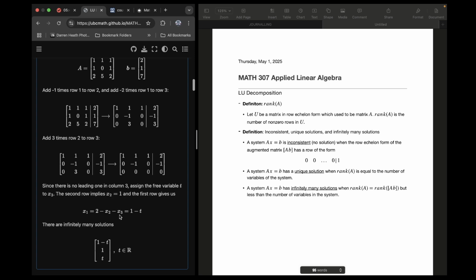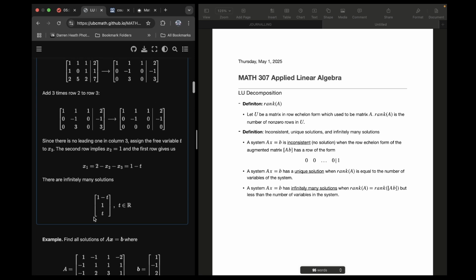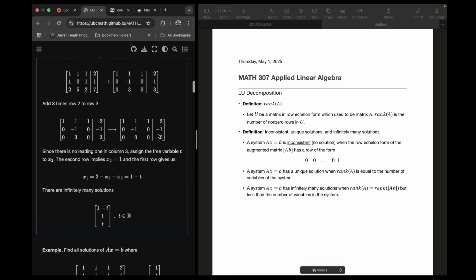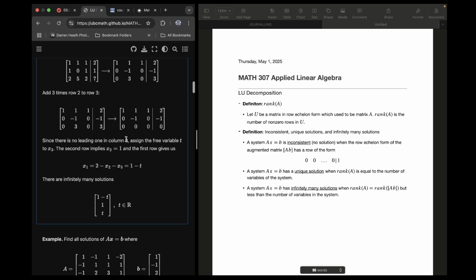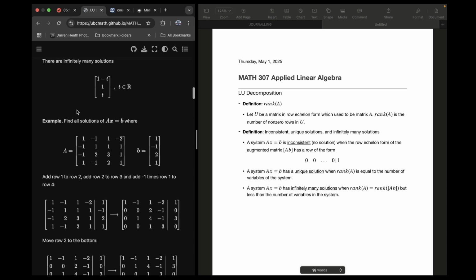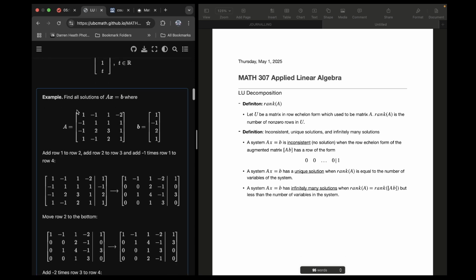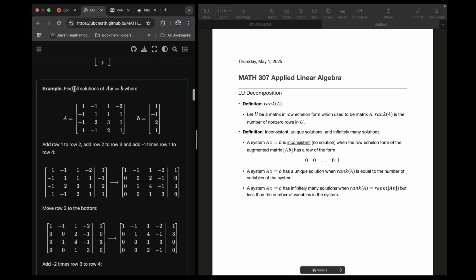Since x3 is t and x2 is 1, we have 2 minus 1 minus t, so it's 1 minus t. From the second row, x2 is 1. And the third row says x3 is t, the free variable. Okay. Moving on.